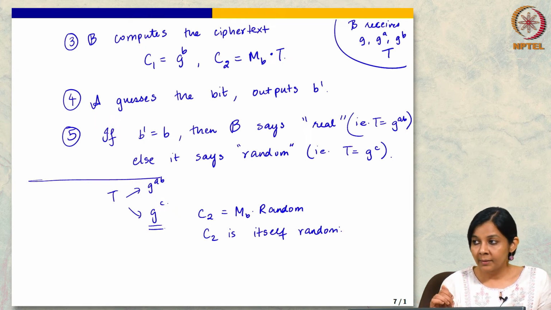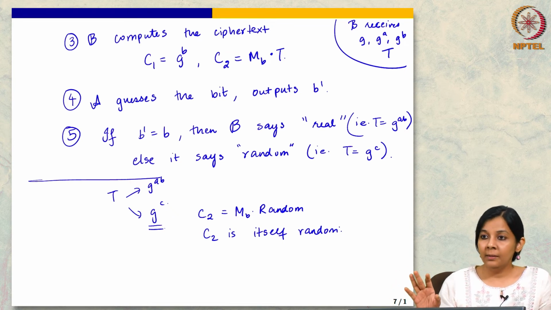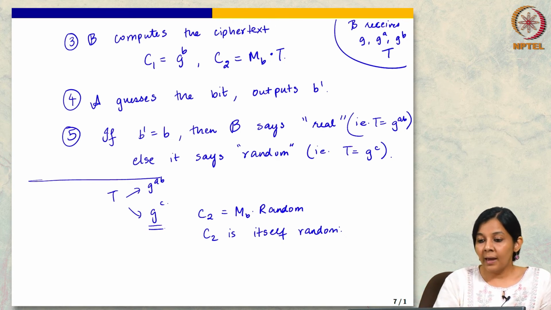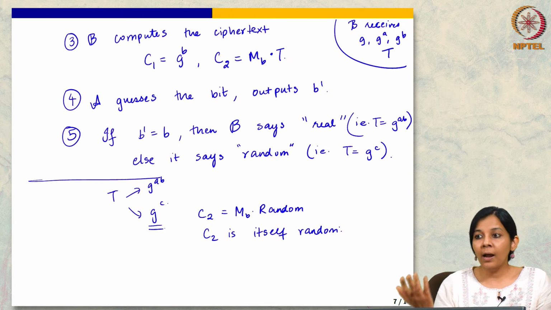Okay, is this clear to everyone? So, if the target element T was a truly random element G to the C, then this target element times the message is also truly random and it completely information theoretically hides the challenge bit B. So, in this case in fact the attacker cannot have any advantage. Okay.